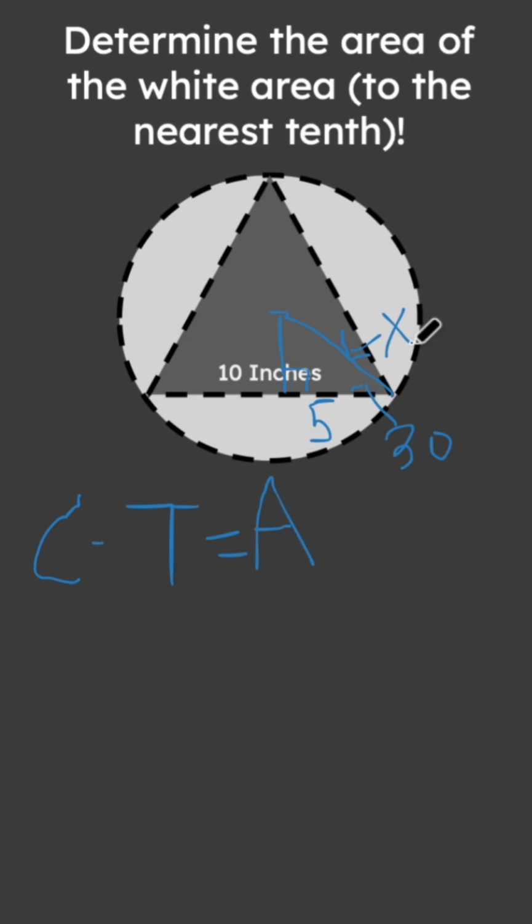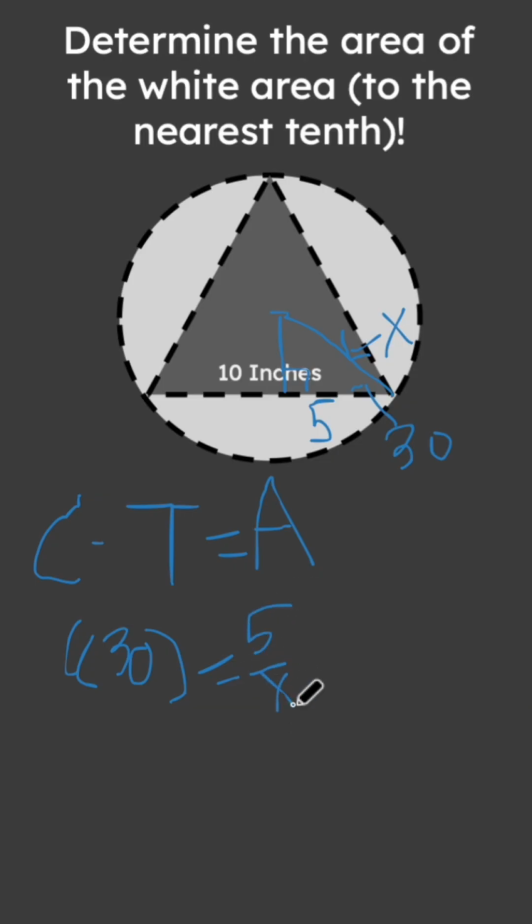So now that we know the x is going to be the radius, all we have to do is use trigonometry to solve this. And you could use other methods, but they're a lot more complicated. So we know that we have to use cosine because of SOHCAHTOA, and we have adjacent over hypotenuse. So it's cos 30 is going to equal adjacent over hypotenuse, so 5 over x.